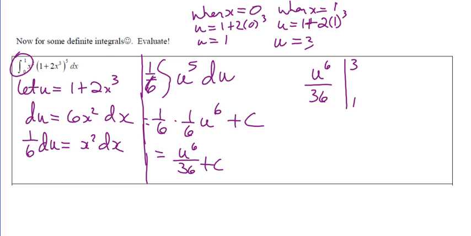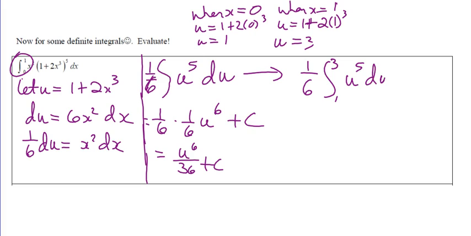So what we don't want to do is substitute back in for x. If we're going to stick with u, then we have to change the bounds of integration for x into bounds of integration for u. So we're doing 1/6 times the integral of u to the 5th. We've worked out the indefinite integral, but if this is the definite integral and we're changing to u, then we're going from 1 to 3.